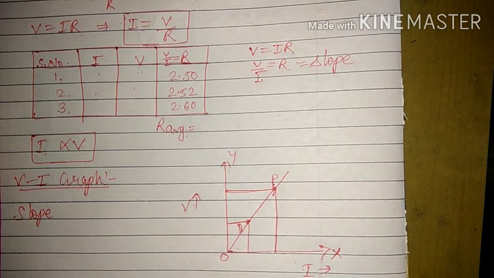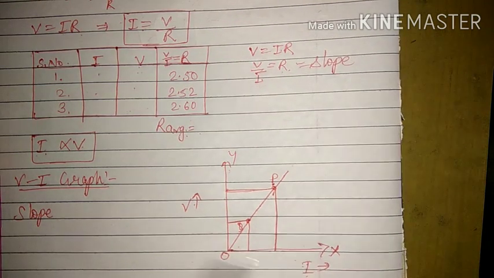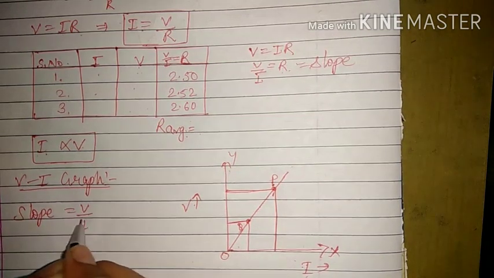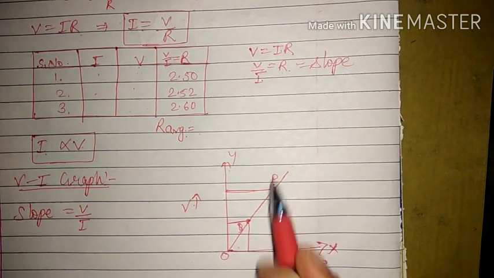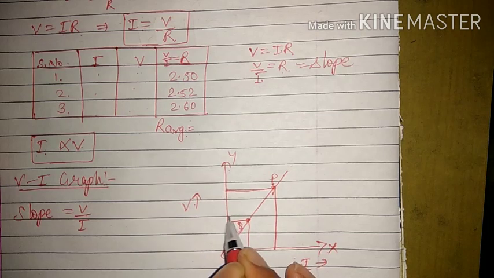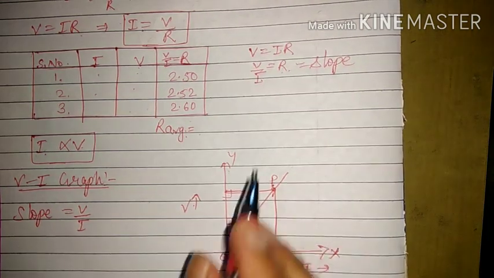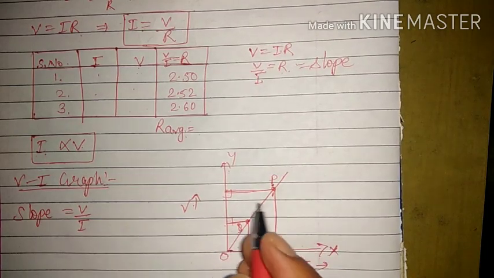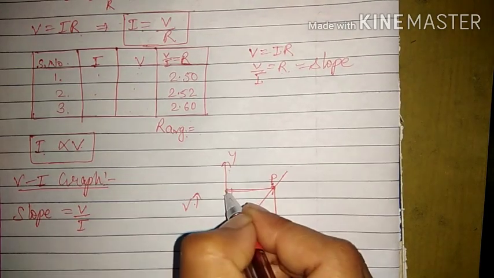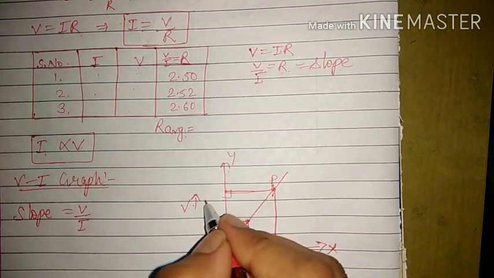So here also we want the ratio of both these quantities, so we will have to find the slope. And to find the slope, we know the methods. We will draw two perpendiculars on the y-axis as well as on the x-axis. Suppose this point is A or this point is B, anyone as you wish.